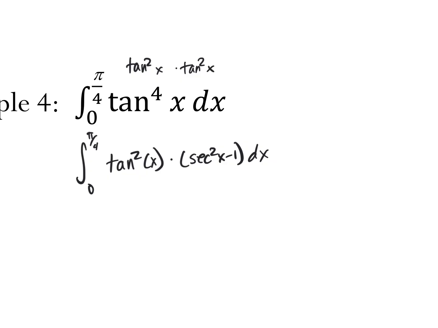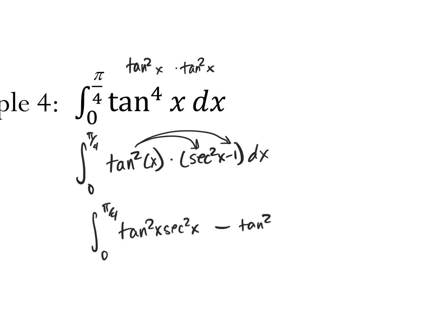And then I'm going to distribute my tangent squared. So now I've got the integral from 0 to pi over 4 of tangent squared x secant squared x minus tangent squared x dx.